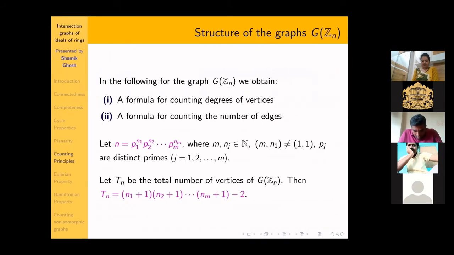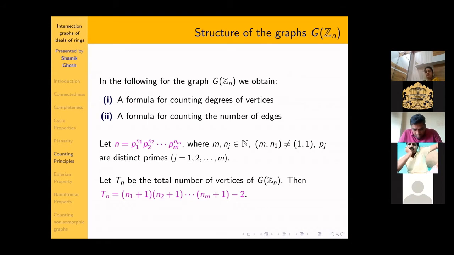Now we go for the deeper structure of the graphs of Zn, where we want to count the degrees of vertices. We want to count the number of edges, that is the structural properties. Now, suppose that n is a product p1 to the power n1, p2 to the power n2 up to pm to the power nm. Then the first question is how many vertices are there?